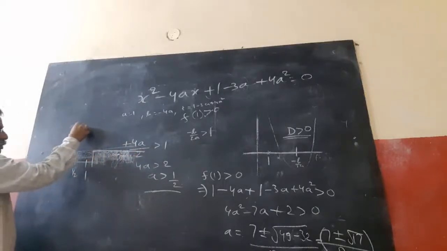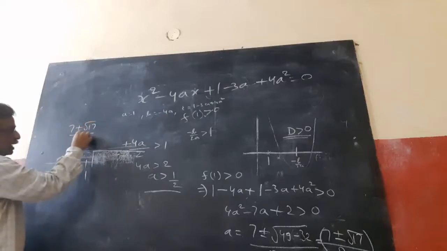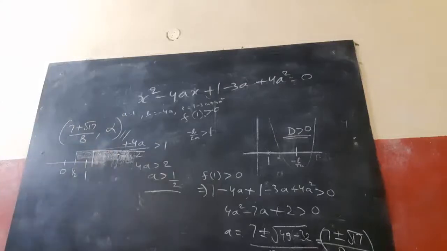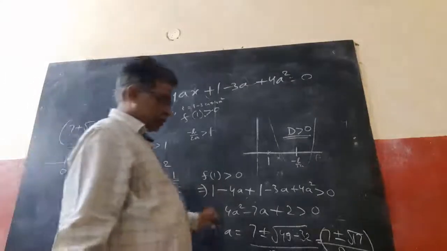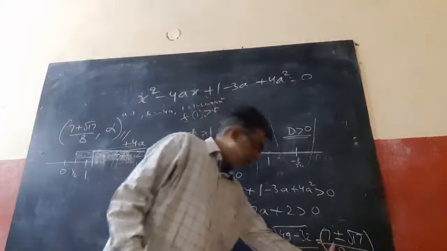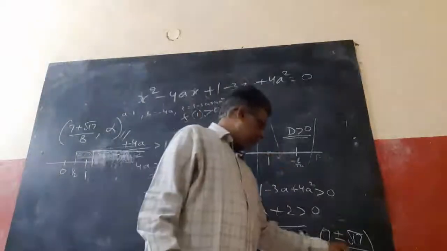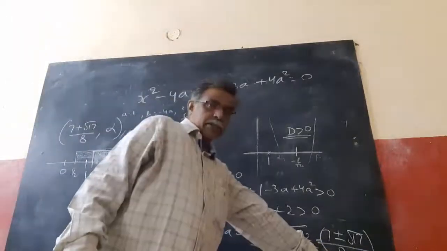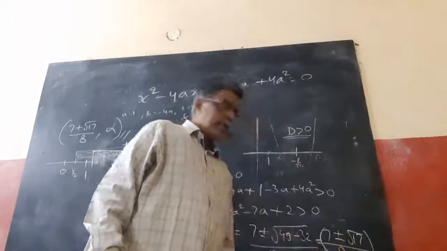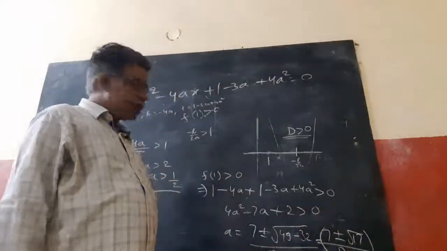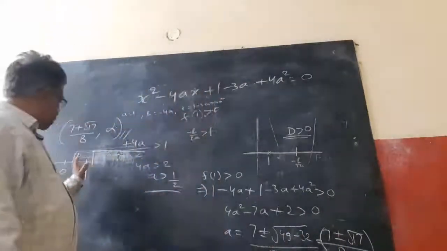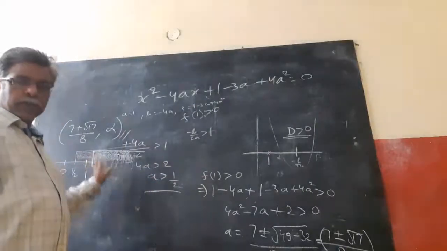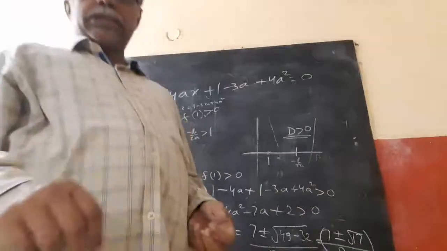So 7 plus root 17 by 8 to infinity is our final result, because a does not lie between 7 minus root 17 by 8 and 7 plus root 17 by 8. It should be beyond 7 plus root 17 by 8, and this is above 1 by 2. So the combination of the two is this. Next.